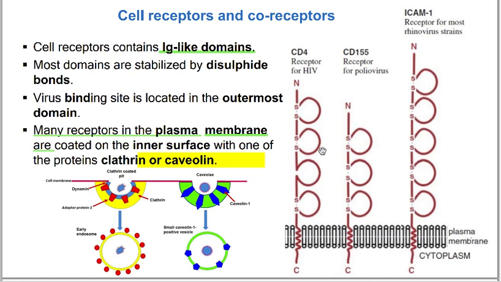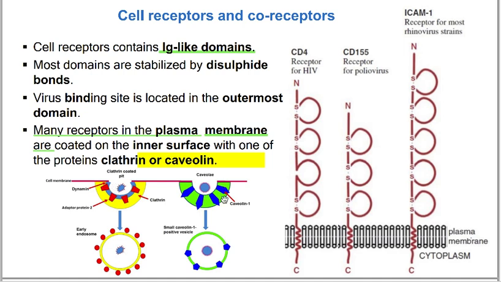There are three domains: one extracellular, another intracellular, another transmembrane. Many receptors in the plasma membrane are coated on the inner surface with one of the proteins, clathrin or caveolin. The virus binding site is located in the outermost domain, and the intracellular part of these receptors is coated with these specific proteins, clathrin and caveolin. Clathrin is responsible for production of clathrin-coated pits, where the cell can trap the virus and it can enter into the cell.